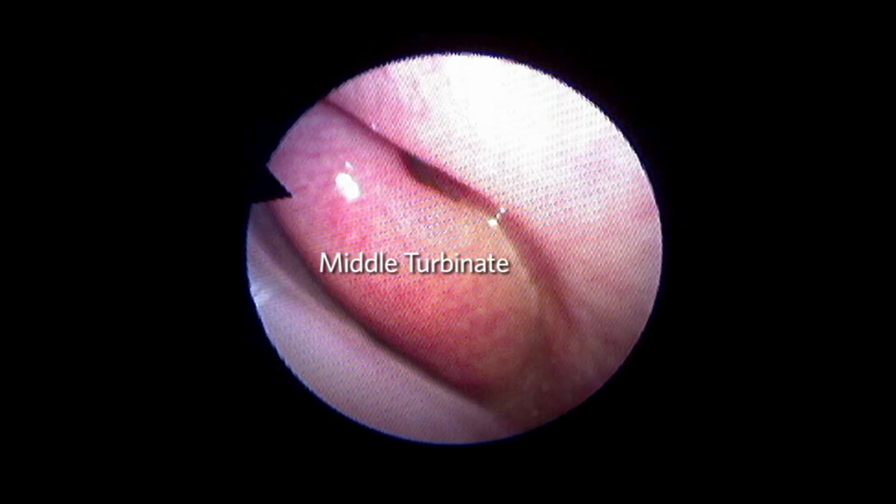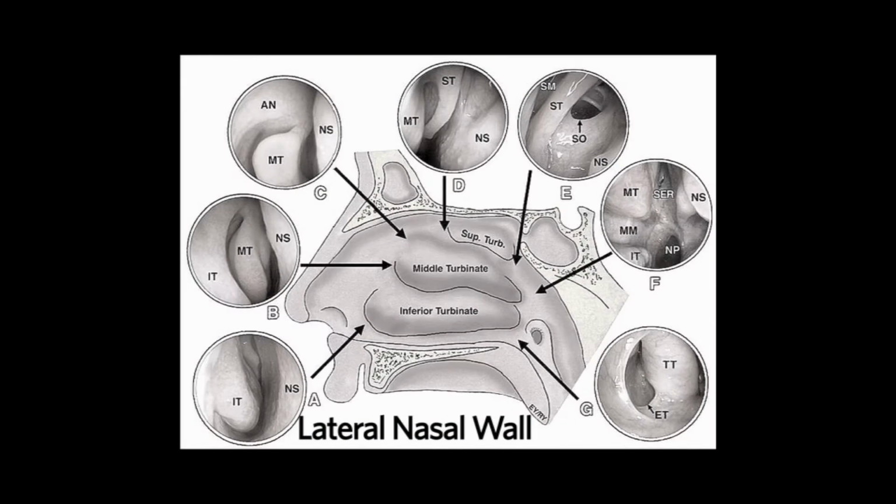As the flexible scope enters the right nasal cavity, one notices the nasal septum on the medial side and the inferior turbinate on the lateral side. And the middle turbinate on the lateral side. The lateral nasal wall is composed of the inferior, middle, and superior turbinates.